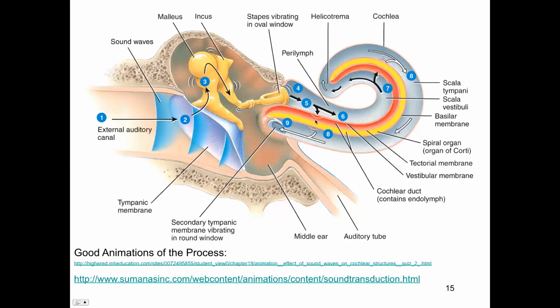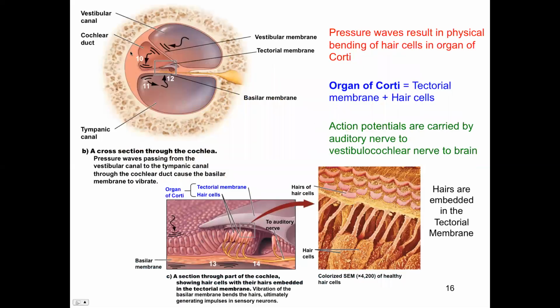So let's move on to the next slide, because this is where I'm going to follow along with my notes. So we're at point 10 now. The vibration of the vestibular membrane is going to vibrate that endolymph inside the cochlear duct. Now, this fluid, when it's vibrating, is going to vibrate this fluid, which is called the tympanic canal.